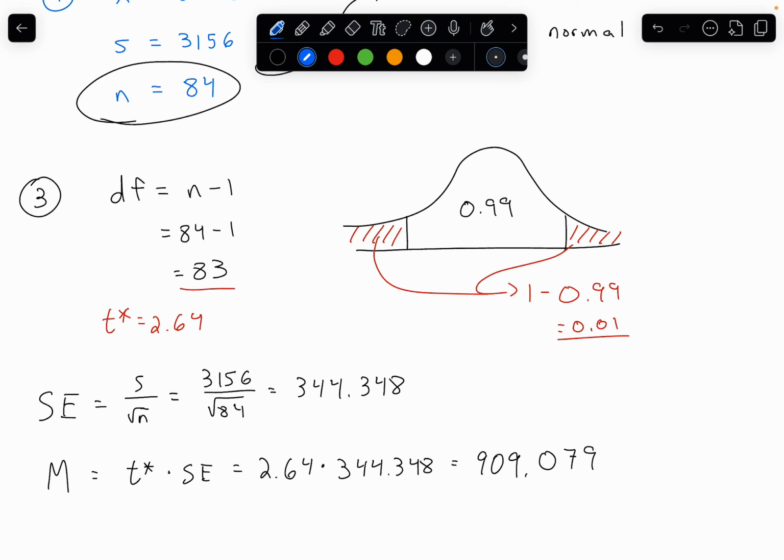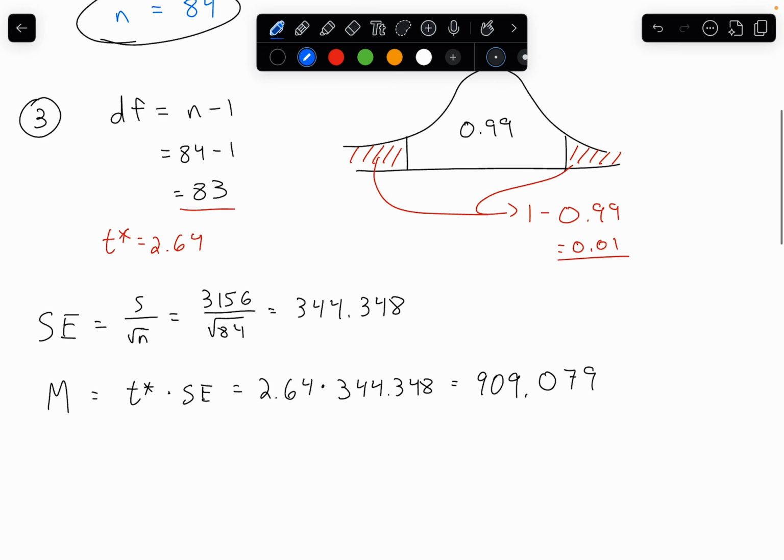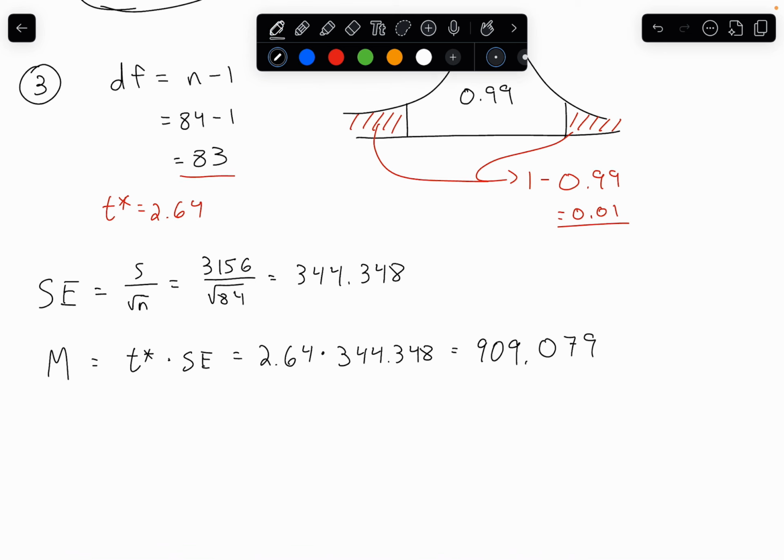And then lastly, finally, I would like to go and build my confidence interval. My confidence interval always looks the same. The general form that we follow is we start with our point estimate, which in this case, since we're trying to estimate the population mean, will be our sample mean, x bar, plus or minus whatever our margin of error is, and that is the number that we just found over here.